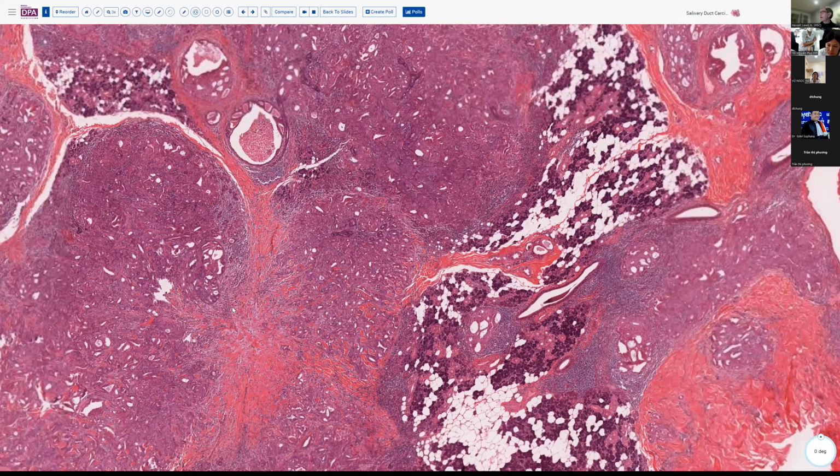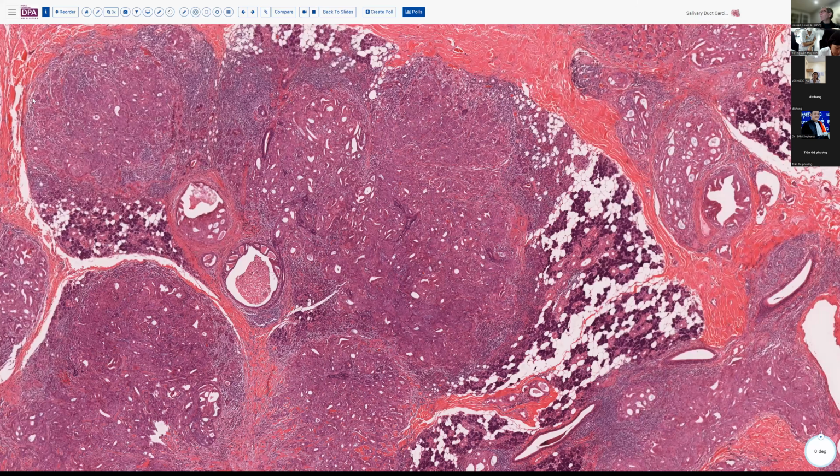Here's a more in situ type pattern of ductal type involvement, and then involvement of these lobules with areas of apparent invasion into the surrounding stroma.